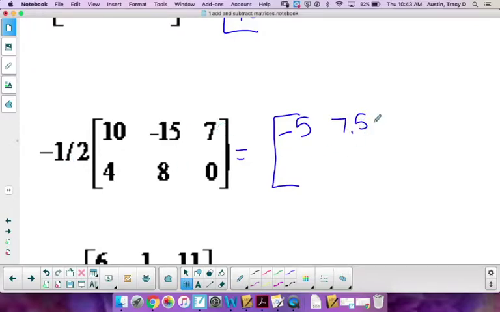-1/2 times positive 7, -3.5. -1/2 times 4, -1/2 times 8, and -1/2 times 0. We've just scaled the entire matrix. If that matrix represented a shape, then we would have just made the shape smaller.